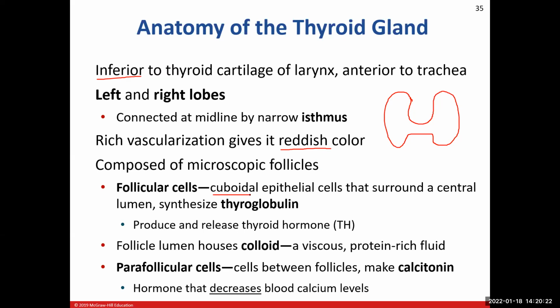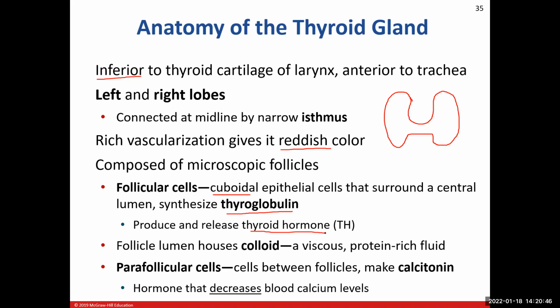These cuboidal follicular cells surround a central vein because the cells are going to produce and make our thyroglobulin. And that thyroglobulin, once it gets released into your blood, will be our thyroid hormone here. So inside of these cuboidal epithelial cells, we'll have this protein in there.